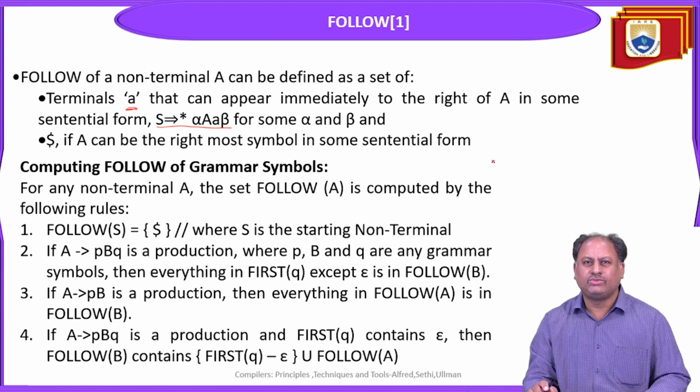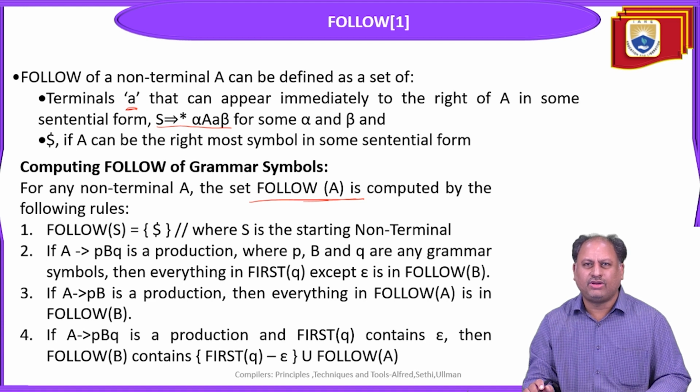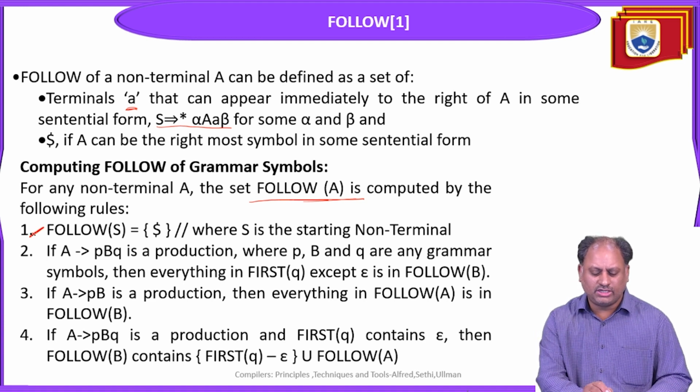Here also some rules are defined to calculate the follow of the given grammar symbol. We are going to apply them for each of the variables. Let us see how this computation takes place with the help of the rules. Here 4 rules are defined for the computation of follow. The first rule says, what is the follow of S.